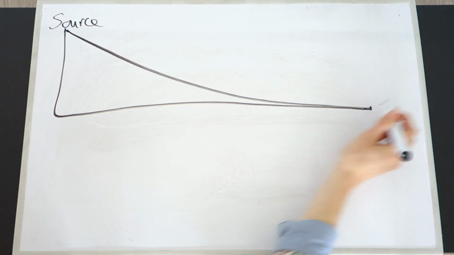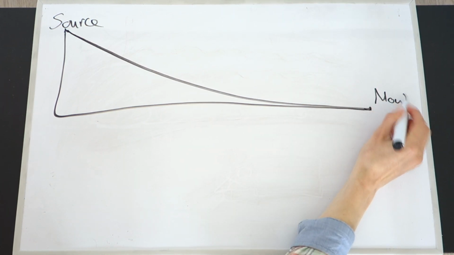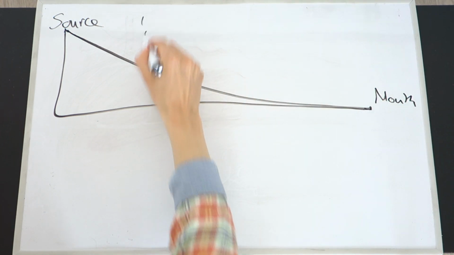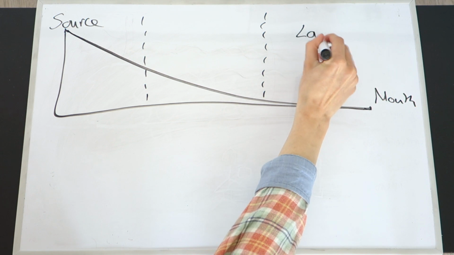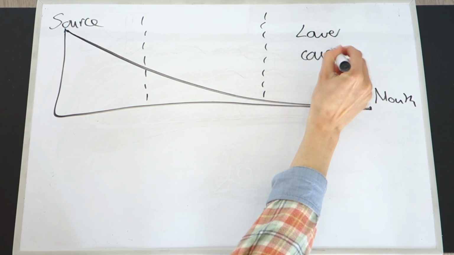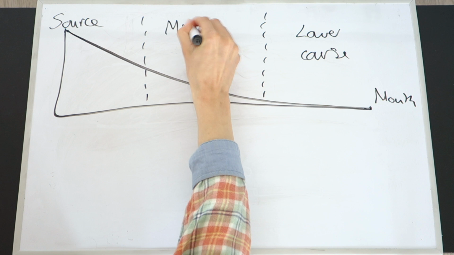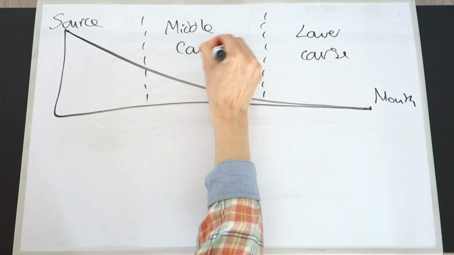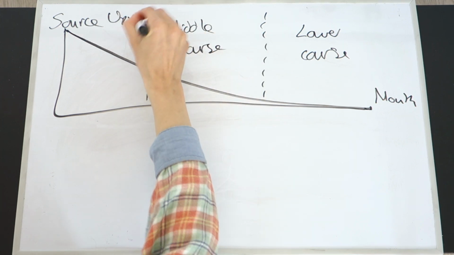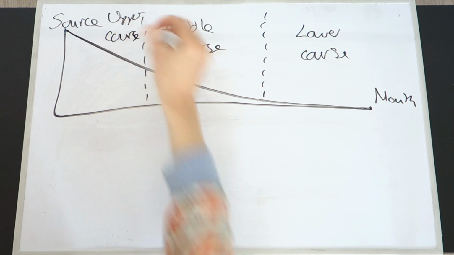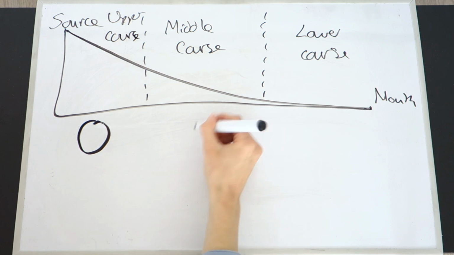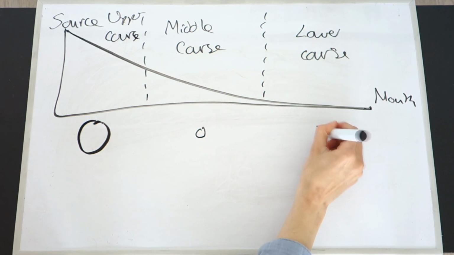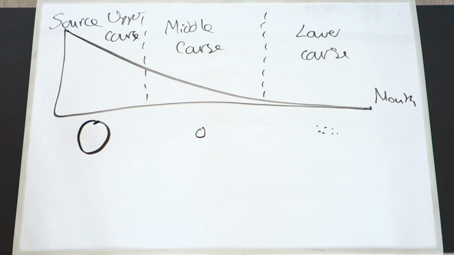Notice now we're at sea level, where our mouth is flowing into the sea. Here is our upper course, our middle course, and our lower course. In the upper course, our load is big, and it gets smaller and smaller as the river flows towards the sea.